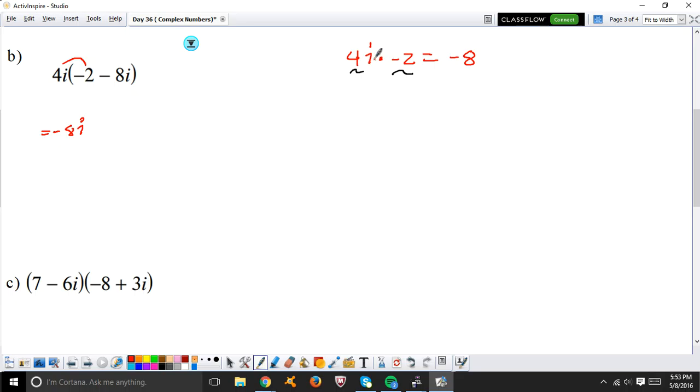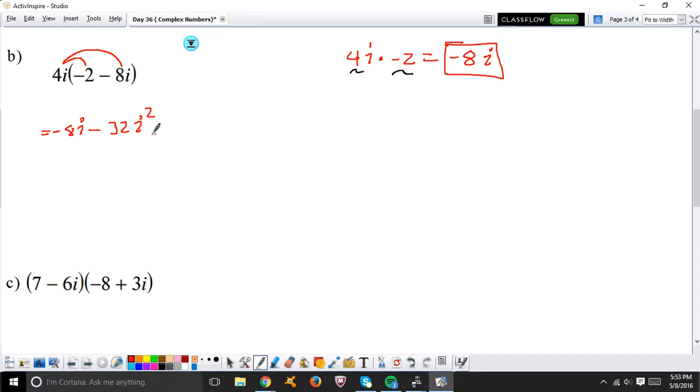You have not multiplied the i, so you just gotta rewrite it there. So this is how we got the -8i. Now we simplify it again. 4i times -8i, that's equals to -32 i squared. 4 times negative 8, that's 32. i times i, that's i squared.